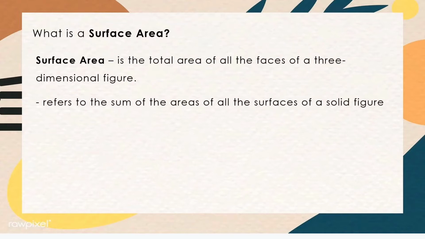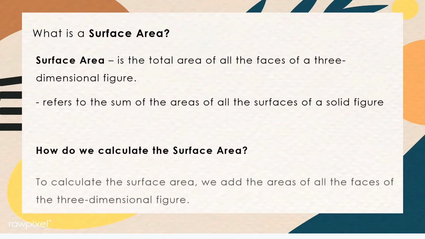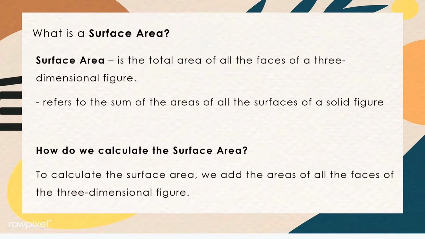In solving for surface area, it is very important that you know what plane figure is represented by its face. So how do we calculate the surface area? To calculate the surface area, we add the areas of all the faces of the three-dimensional figure.